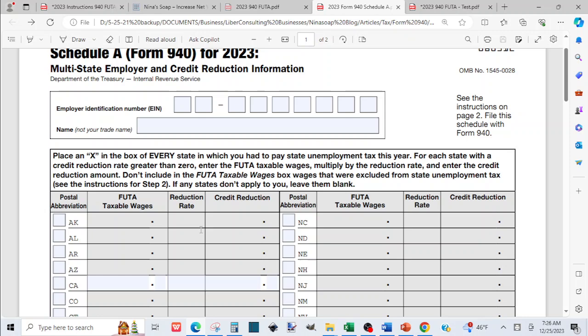The only reason you will complete Schedule A in that instance is if your business is located in multiple states, like if you pay state unemployment tax in more than one state. So you'll only complete Schedule A to check those states where you pay state unemployment tax. You do not complete Schedule A because you are in a credit reduction state.